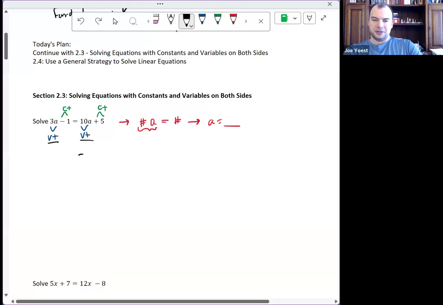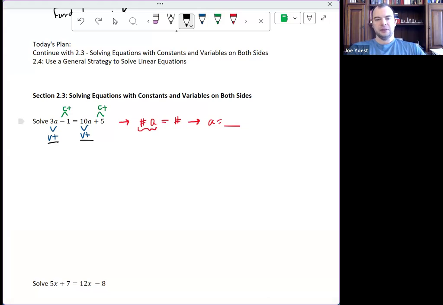So my preference is going to be to move the 3a. If I subtract 3a from both sides, then on the left side over here, I have 3a minus 3a, they go away. And on the left side, I'm left with negative 1.